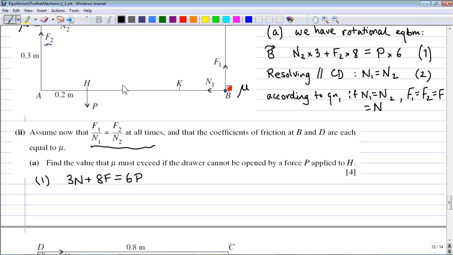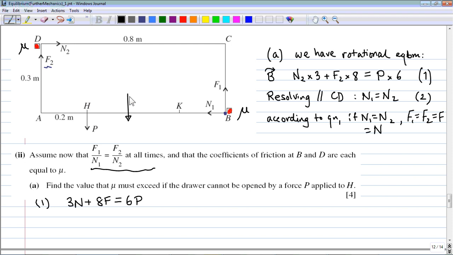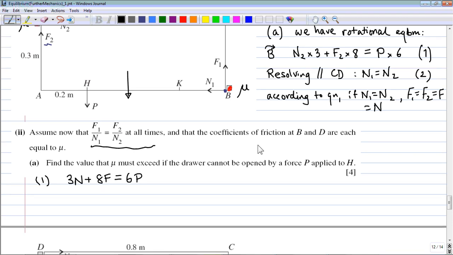Now, again, we need to consider under what conditions we can or cannot move downwards on that diagram. If we cannot move downwards on the diagram, which is the condition given in the question, if the drawer cannot be opened, then it follows that P is less than or equal to F1 plus F2.